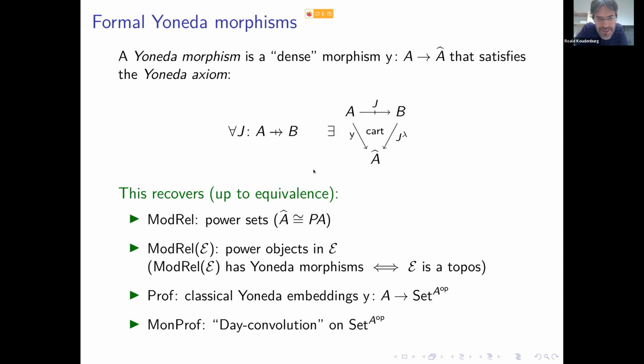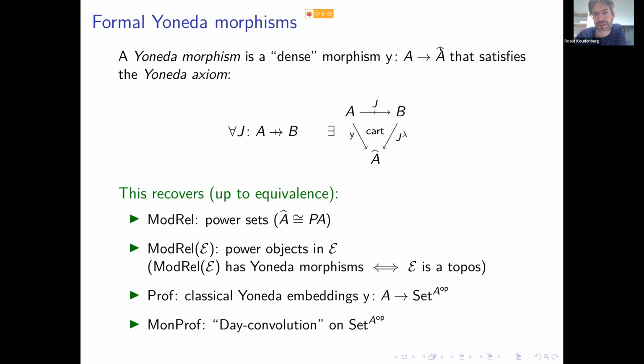But yes, the Cartesian cells are the ones that we use for formal Yoneda morphisms, right? So they are morphisms because this definition won't imply that they are fully faithful. So I'll talk about that later. So a Yoneda morphism is a dense morphism. I won't tell you what dense means.